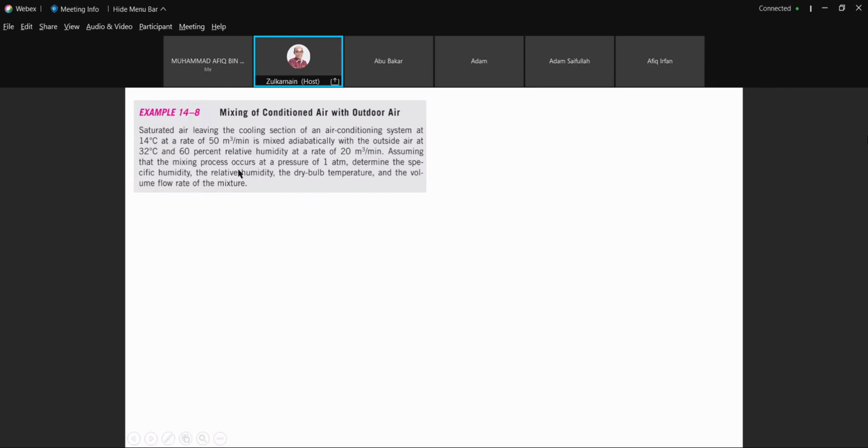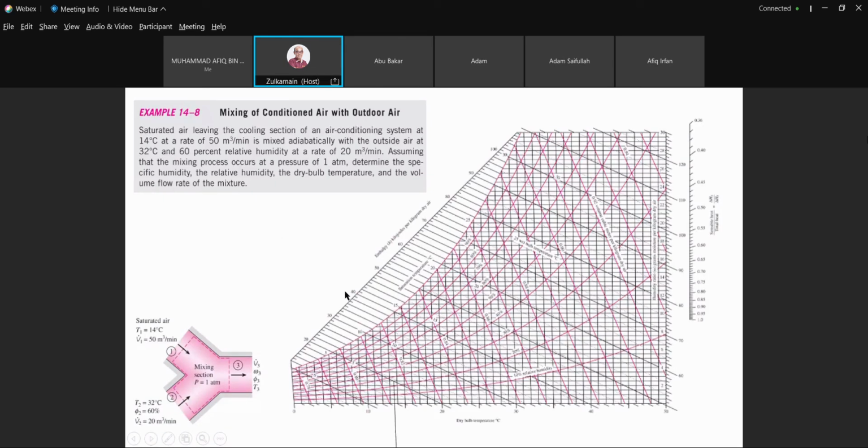So the analysis is basically to get the parameters at state 3 of the mixture. So this is what we have of the mixing chamber. Then we could get state 1, which is at 14 degrees C and saturated.